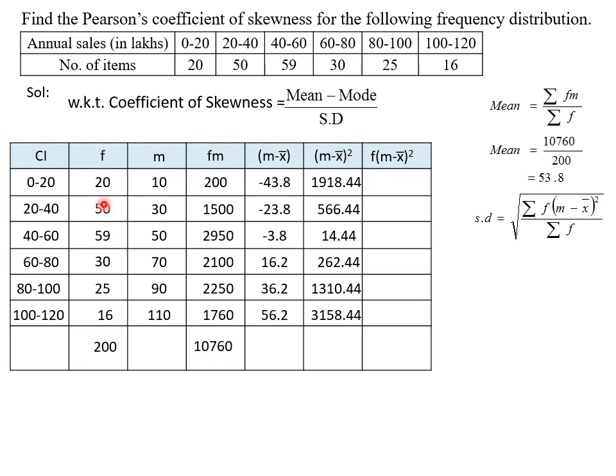Then you have to multiply m minus x bar squared with f, that is the given frequency. So 20 into 1918.44 is what? 38,368.8. Likewise calculate the remaining values.